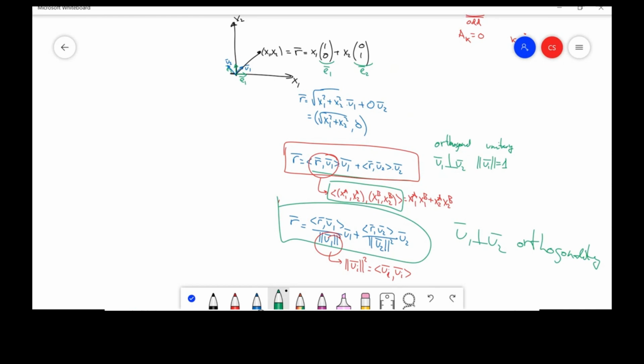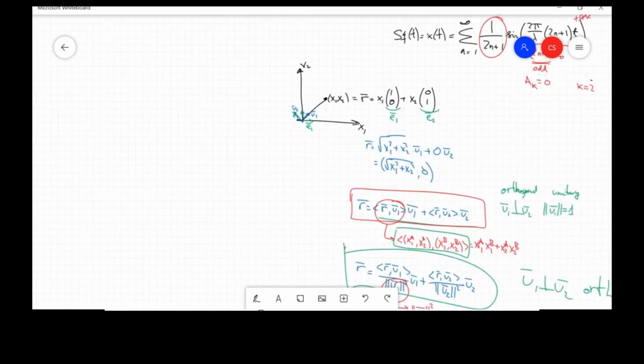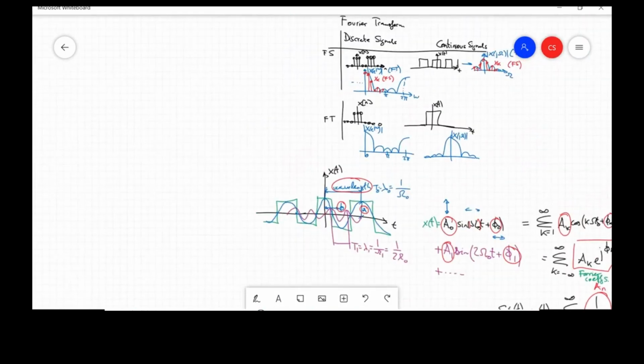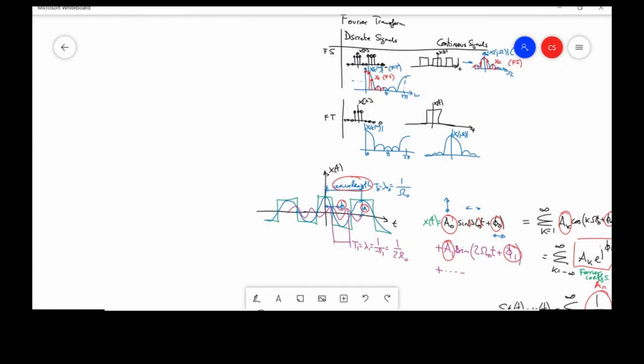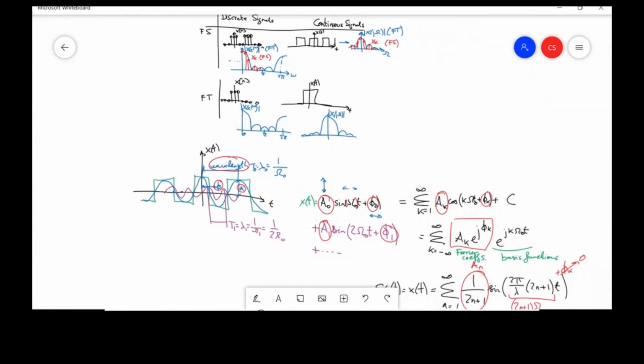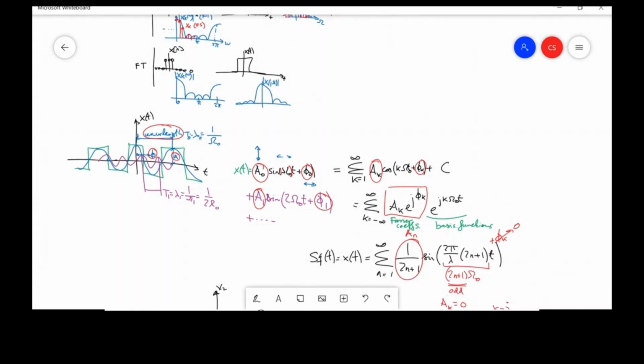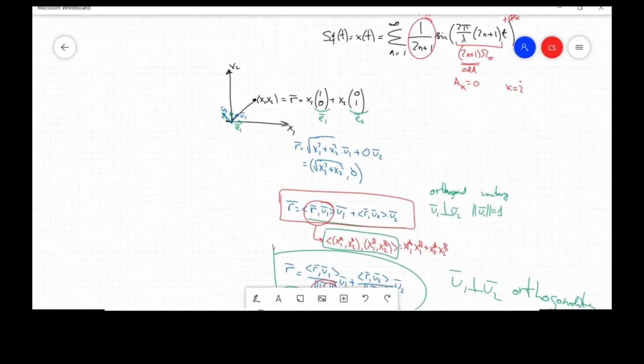Okay, so what has this to do with signals? I want to have the Fourier transform of my signal. So what do these vectors have to do with it? Because signals are vectors in some vector space. And this has the same shape as my expansion here.